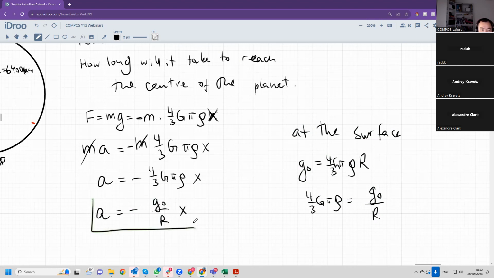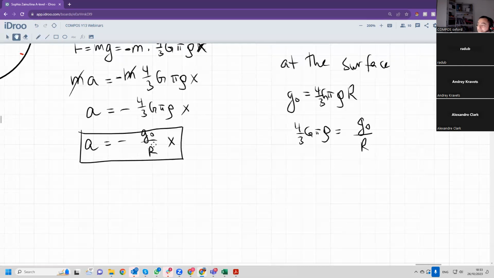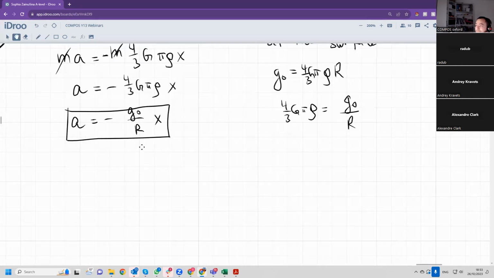Does anyone recognize this equation? It looks similar to the acceleration in a pendulum. Exactly. Simple harmonic motion. Thank you very much. Acceleration is minus omega squared x.